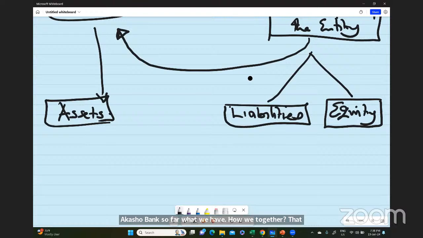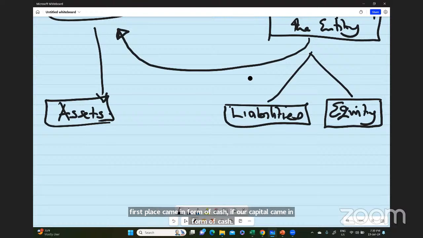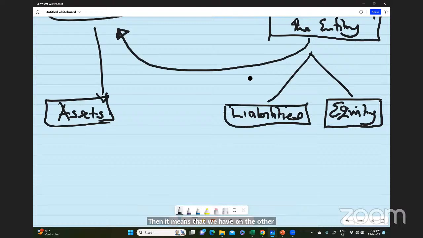And we also added something, that if we go ahead and we employ a loan of 100 million, that loan is also going to come in a certain form. For example, if our capital came in form of cash, then it means that we have on the one hand an asset of 50. And then on this hand, we are having capital, which is equity, of 50.